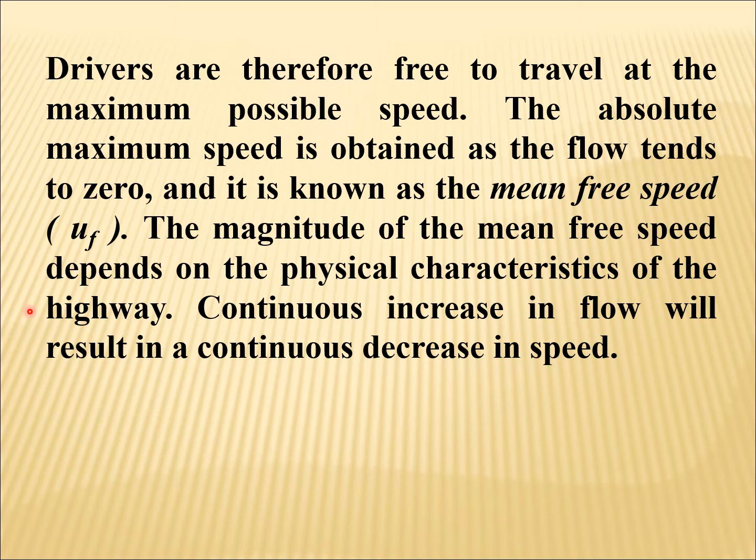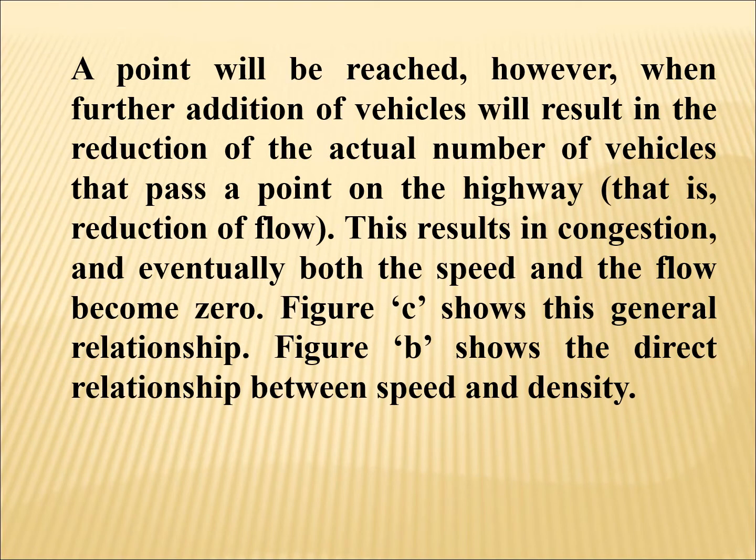Continuous increase in flow will result in continuous decrease in speed. A point will be reached, however, when further addition of vehicles will result in the reduction of the actual number of vehicles that pass a point on the highway, that is, reduction of flow. This results in congestion, and eventually both the speed and the flow become zero.